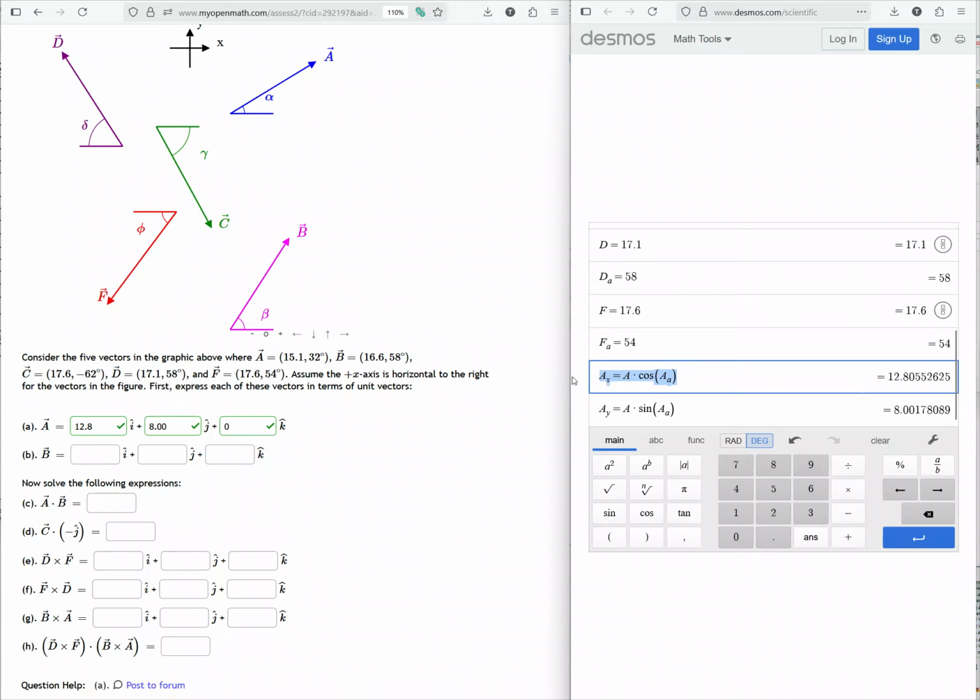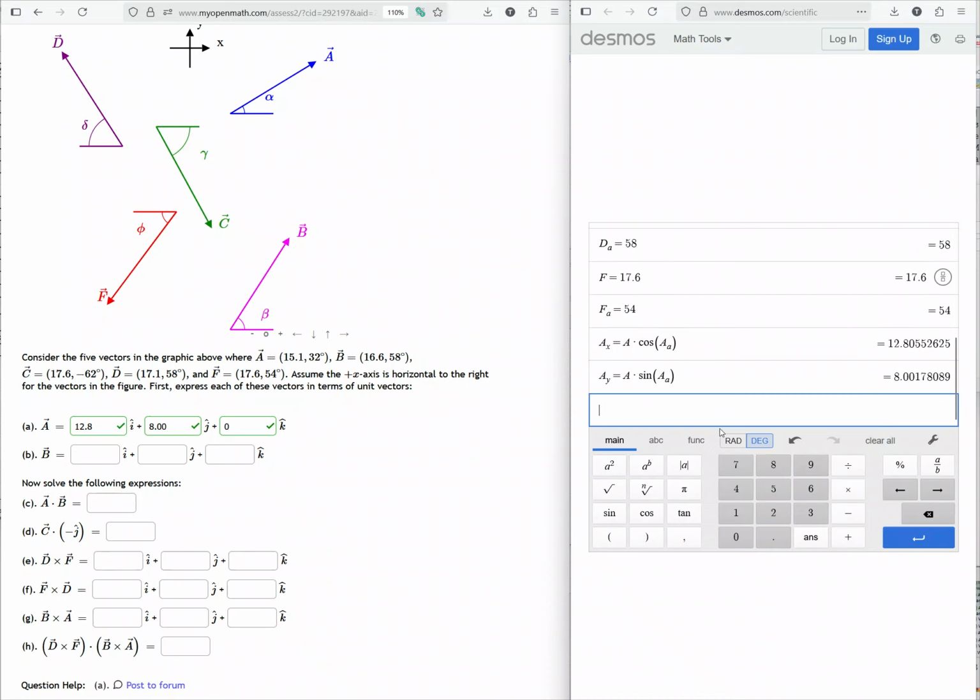Now, let's say, for example, I come here. I can do the same thing for B. B is again in the first quadrant, so that's not going to change anything.